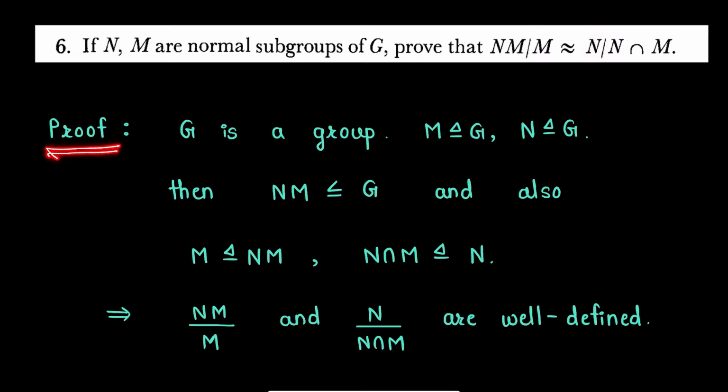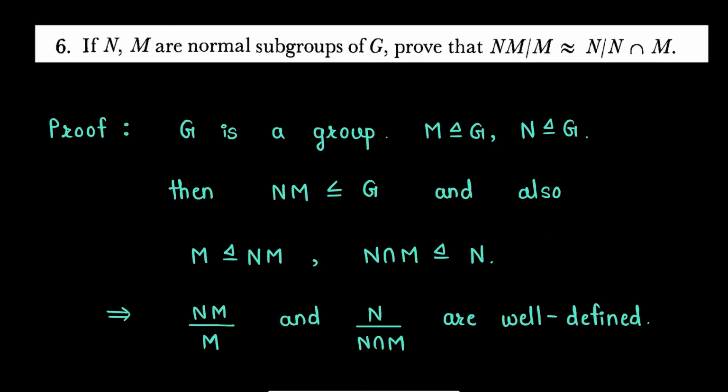So, proof. Here G is a group and M and N are normal subgroups in group G. Then we have NM is a subgroup of G, and also M is a normal subgroup of NM and N intersection M is a normal subgroup of N. I have proved this result in earlier videos.